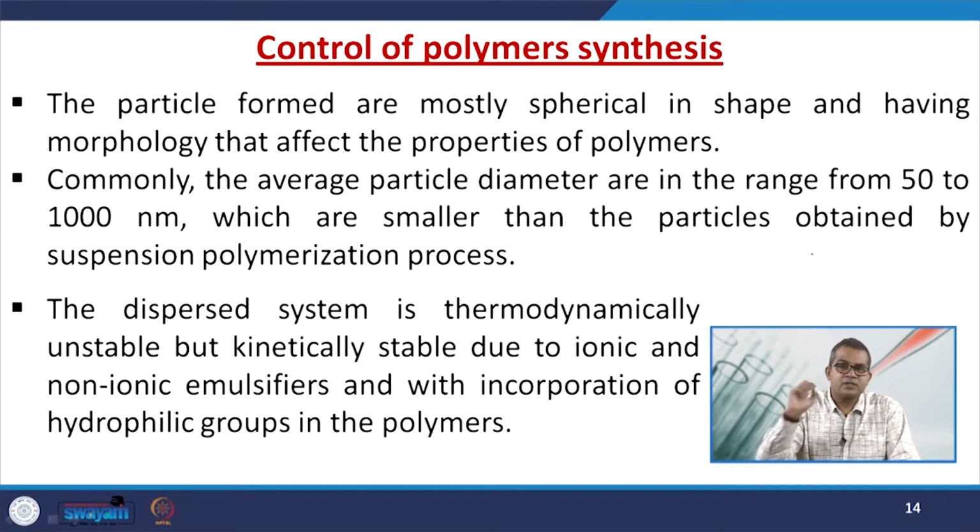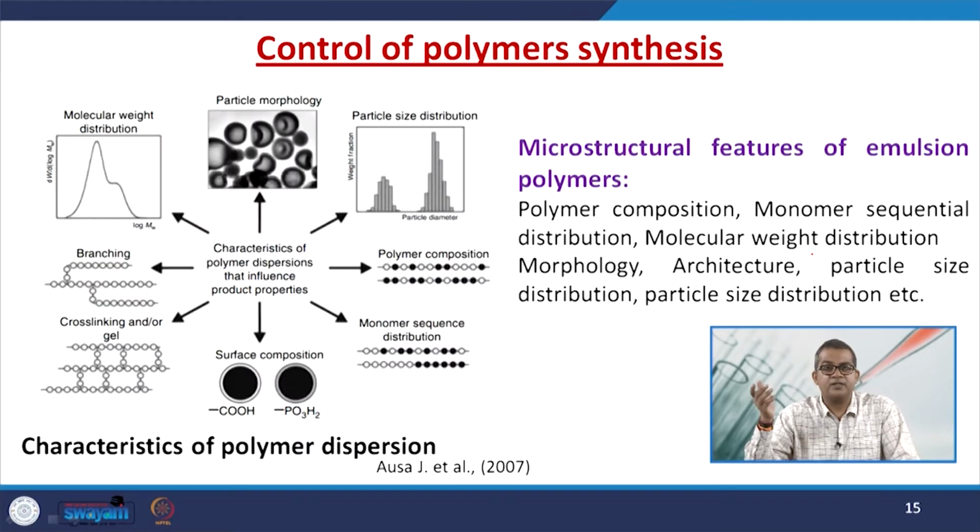Now the dispersed system usually is thermodynamically unstable, but kinetically stable due to the ionic and non-ionic emulsifiers present in that particular system. Sometimes incorporation of hydrophilic groups in the polymer mass or the reaction mass plays a very vital role in deciding these properties.